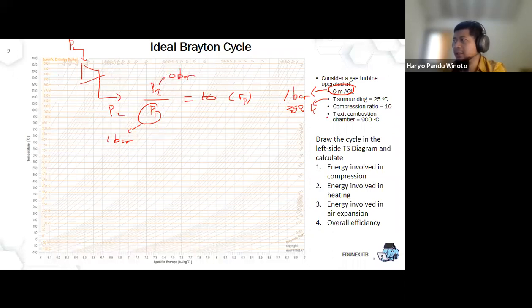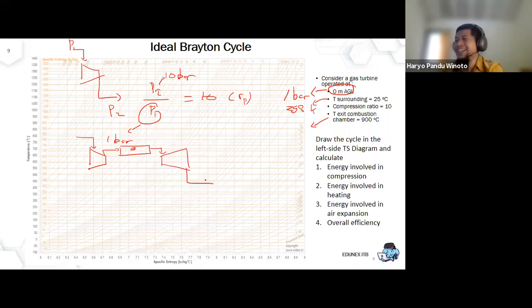And then T exit combustion chamber. Imagine it's gonna be like this. Here is the combustion chamber, and then here is the turbine.